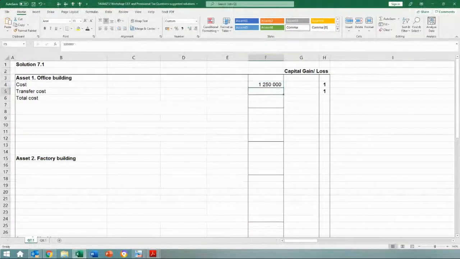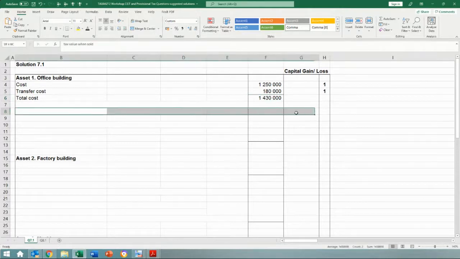So I then add the transfer cost of 180,000 onto the 1.25 million to get to the actual cost of 1.43 million. Okay, so firstly you work out what was the actual cost of the building. Now we have to determine was there any recoupment.